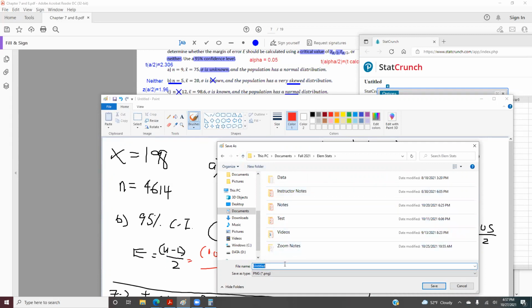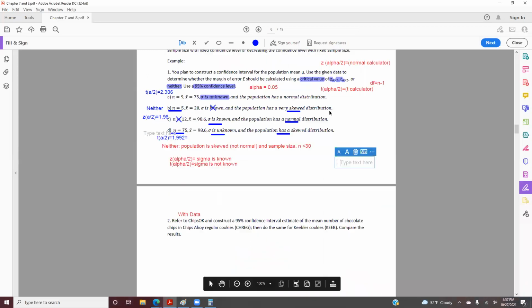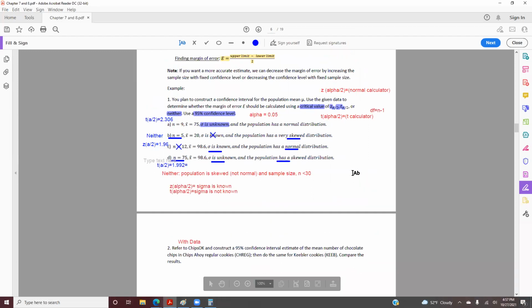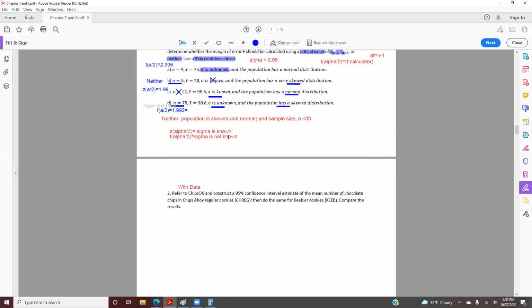Next, we're going to talk about finding the critical value, as I said earlier on. So read the question carefully. If the question asks you to find the critical value, make sure you use the 0.05, which is the opposite of 95%. Like if you look at question 2, that is where you have to find the confidence interval.